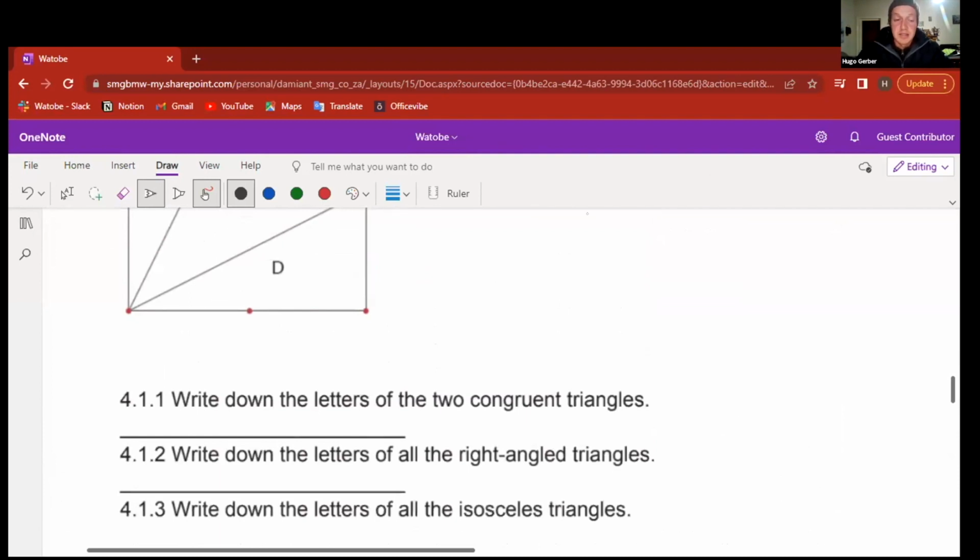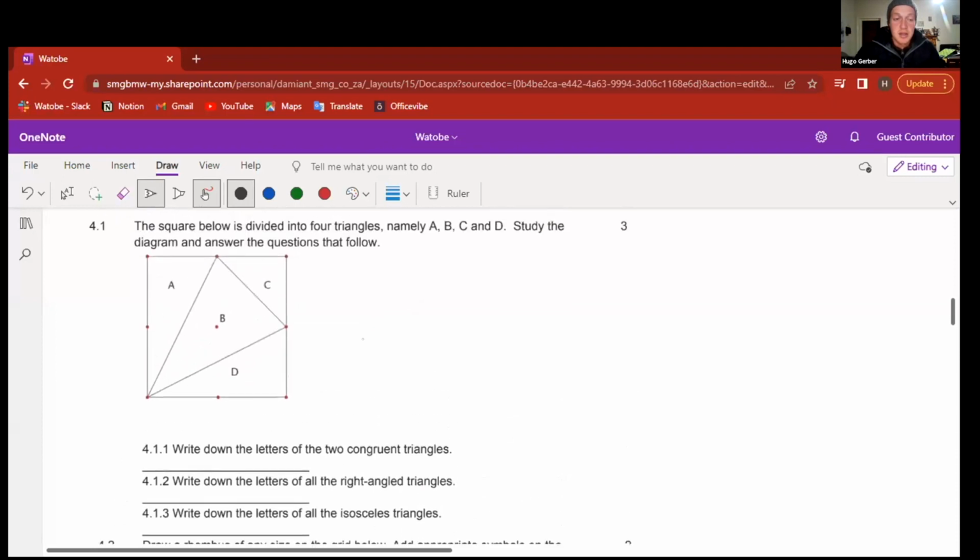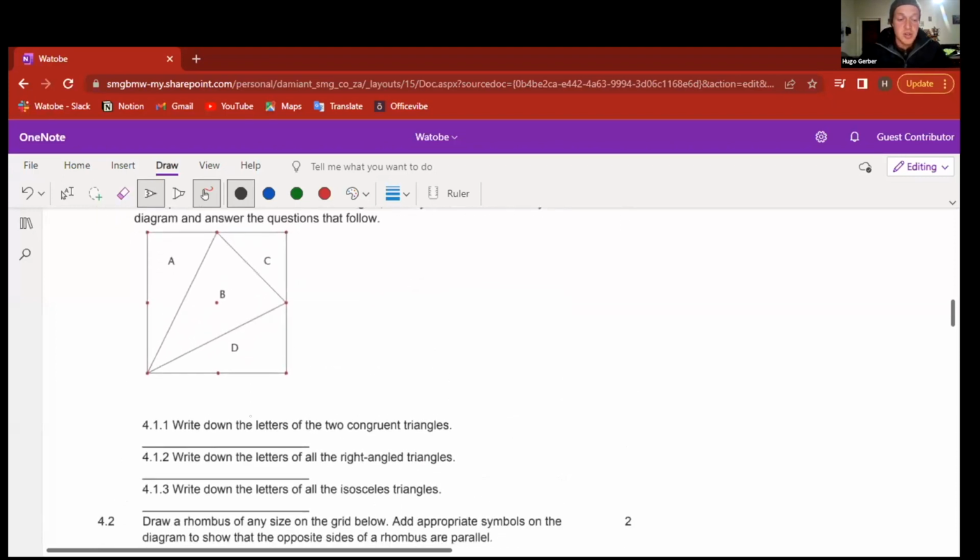Okay, let me give you a second to figure out the questions by yourself. Going to scroll out a bit so that you can see the angles and the questions all together.